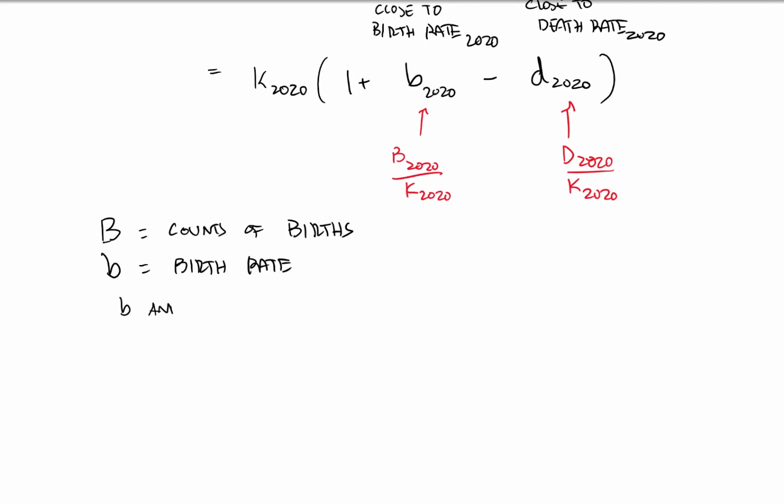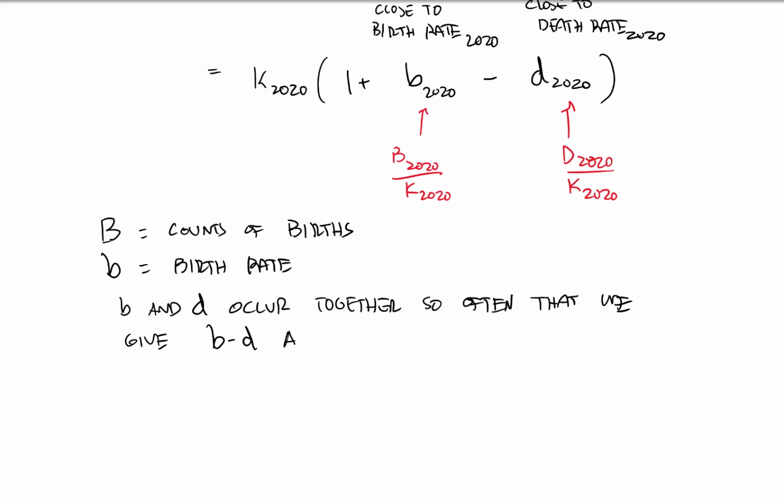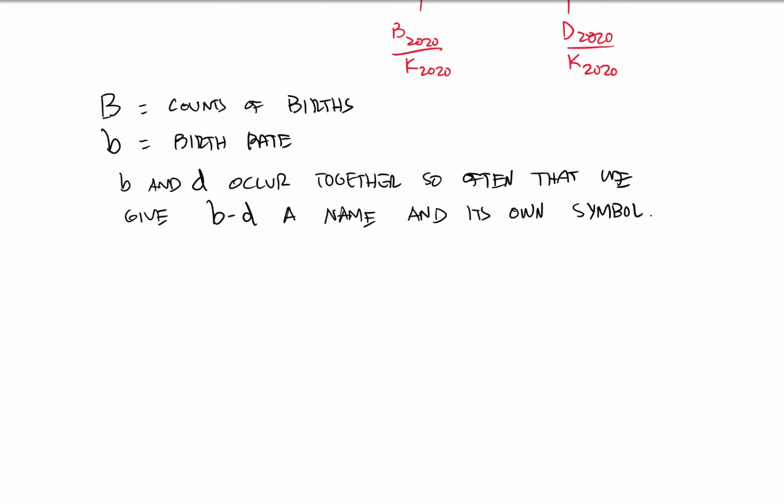B and D occur together so often that we give B minus D a special name and its own symbol. And it is that B minus D, we're going to give it the symbol lowercase r.